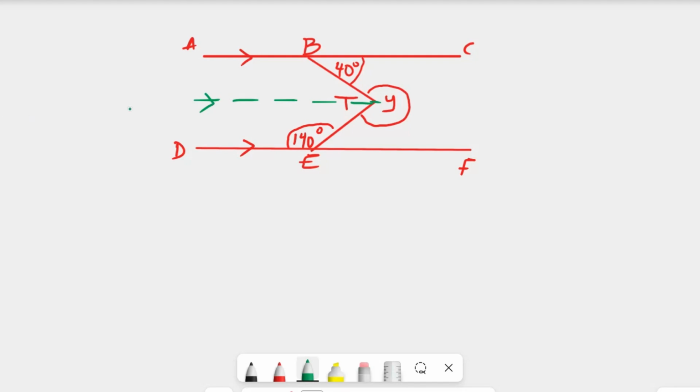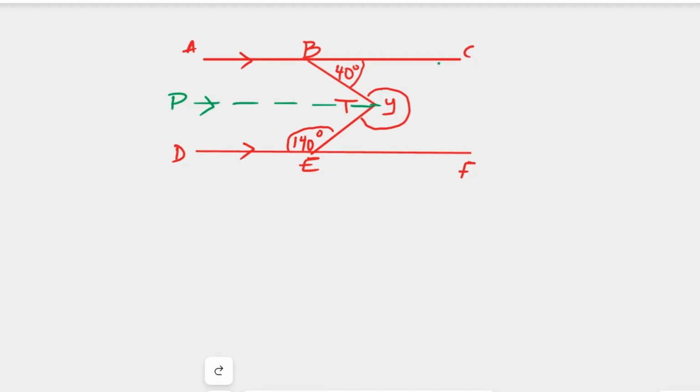You can call this line PT, because we have T here already. Now that we have a third parallel line, you can see that the angle properties are showing up. This angle alternates with this angle, and this angle alternates with this particular angle.